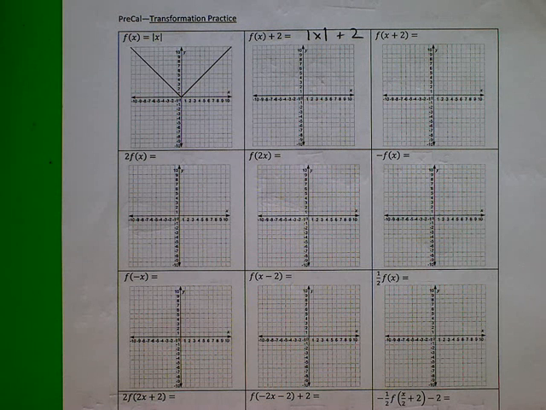And so, to help you with these shifts and stretches and whatnot, pick some points to use on the absolute value function. Now here you have lots of choices that are nice whole numbers, okay? So pick some that are going to be easy, like to cut in half or to double, things like that.